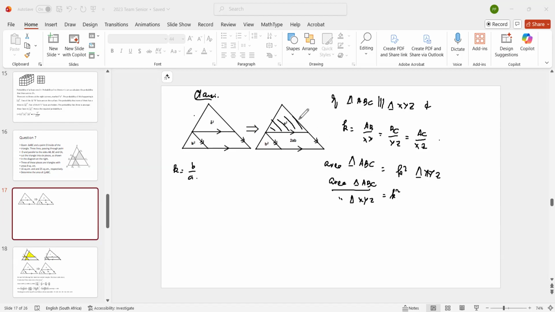And this small triangle is similar to the large triangle. I'm not going to compare these two. I'm going to take this triangle here to the large triangle. So what do you have?